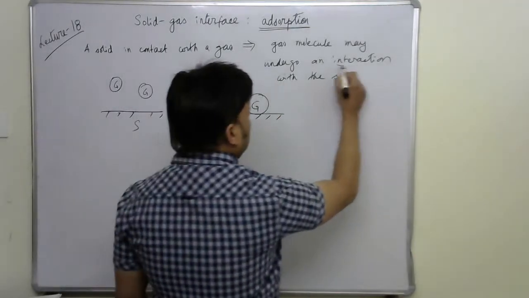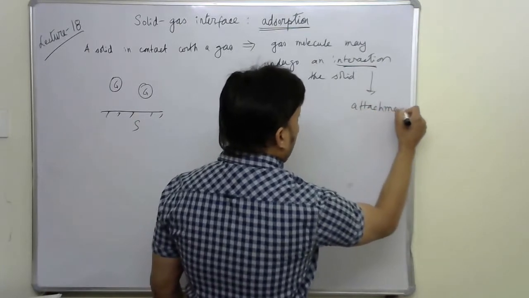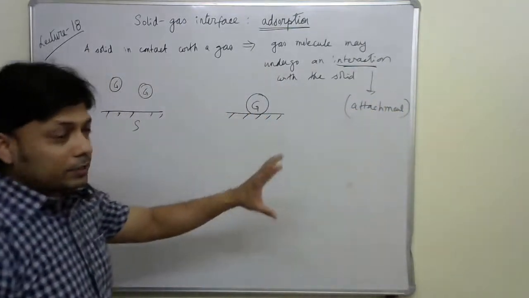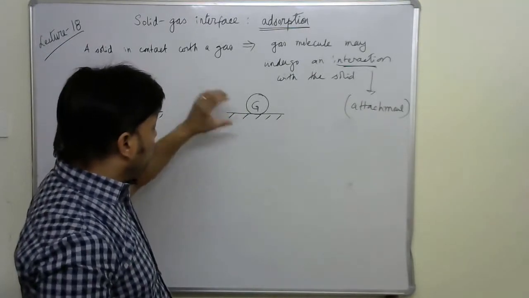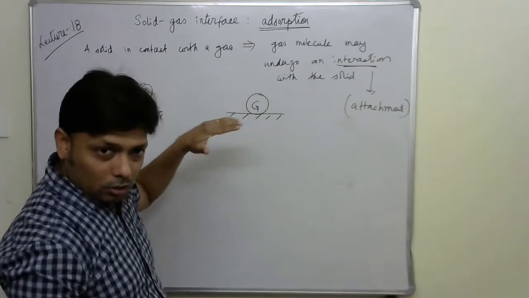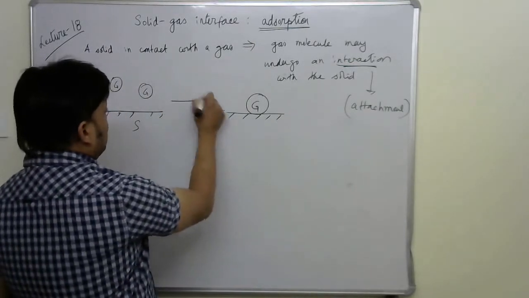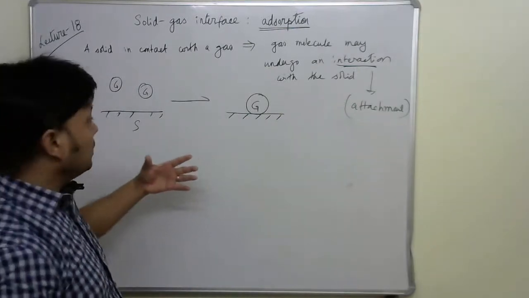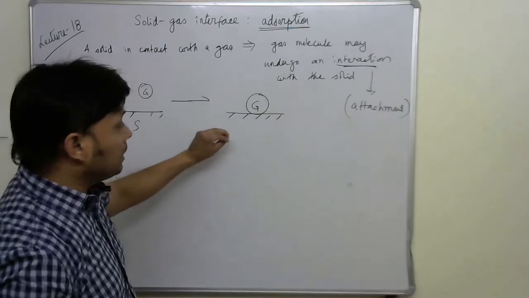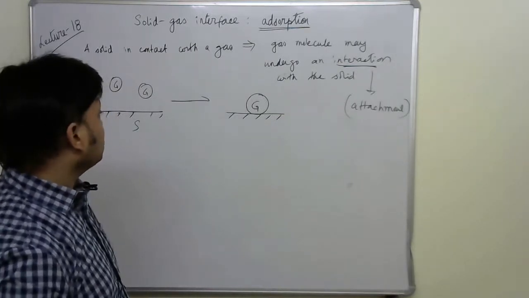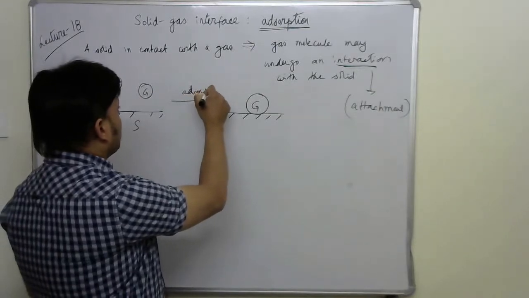This interaction means some kind of attachment between the gas molecules and the solid, and the gas molecules would physically get attached to the solid surface. This process of attachment is called adsorption. Remember, adsorption is basically a surface phenomenon.